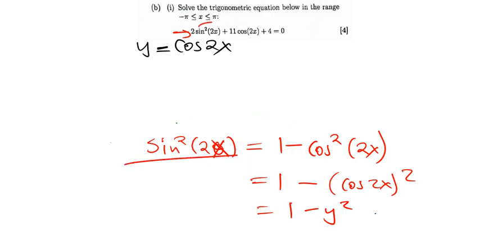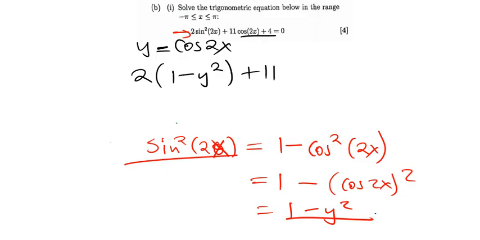So if we substitute, we're going to have 2 times 1 minus y squared plus 11 times cosine of 2x, which we've said is y, plus 4 is equal to 0.